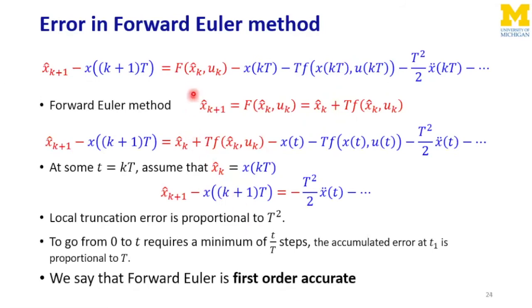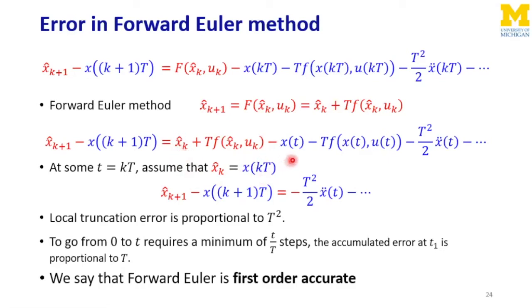Okay, so let's focus on the forward Euler method first. So this is the equation that we got in the last slide. And in the forward Euler method, the x hat k plus 1 is given by this expression. So once we replace this big F by this term here, we can write the error propagation as this equation. And let's suppose that at some instant, some time t equals kT, the state of the discrete time system and the state of the continuous system were exactly the same.